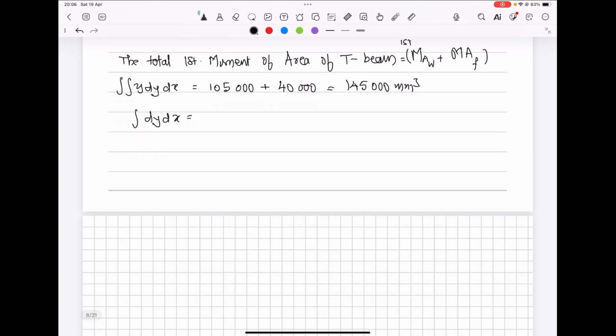That means total area is equal to 1000 plus 800, that is equal to 1800 square mm.